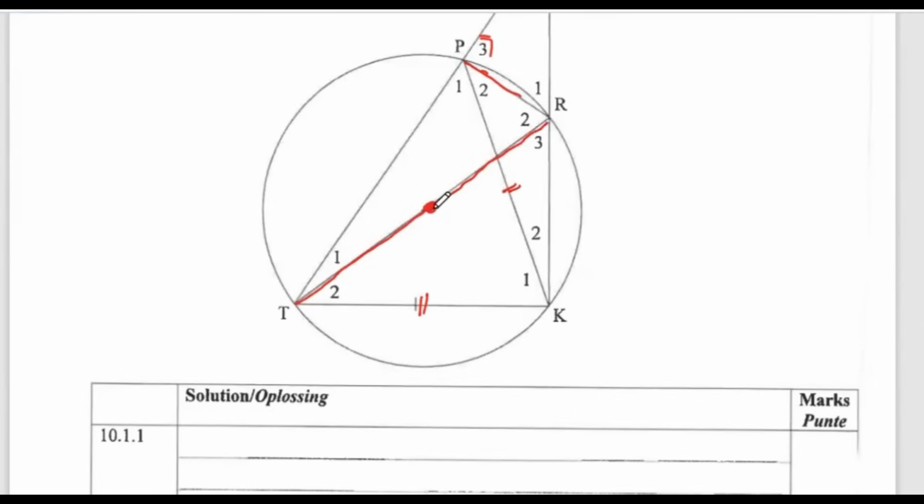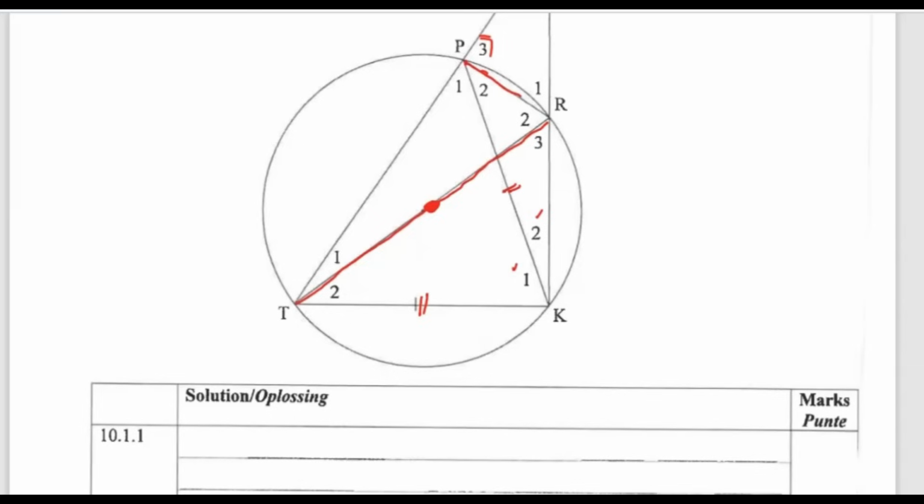That is a diameter, and there is a proper triangle within that kind of format, which means P1 and P2 is going to be 90. I can look at that, or I can say K1 and K2 is a 90.